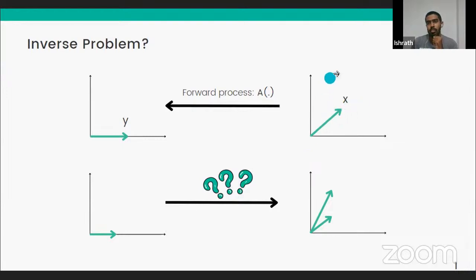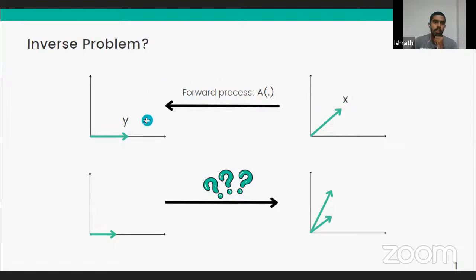This is our ground truth signal, and we have a transformation called a forward process, which we will denote by A. Let's say our transformation maps this vector onto the x-axis.